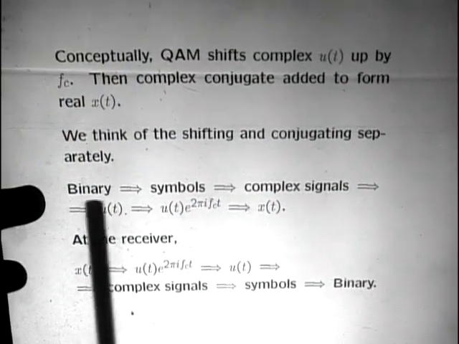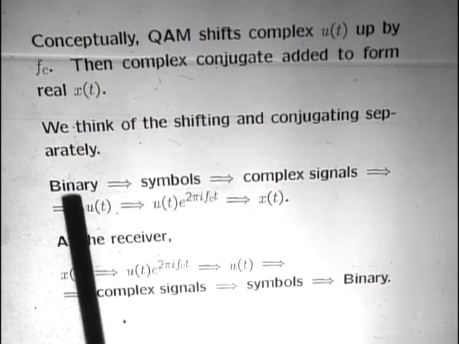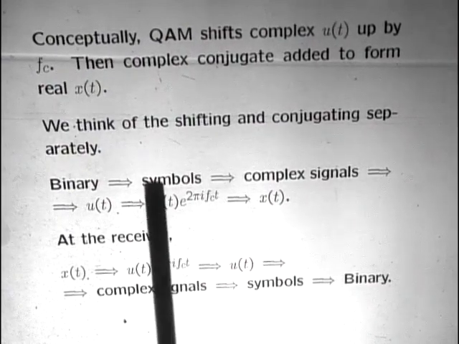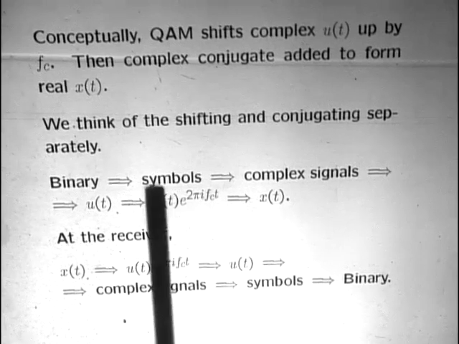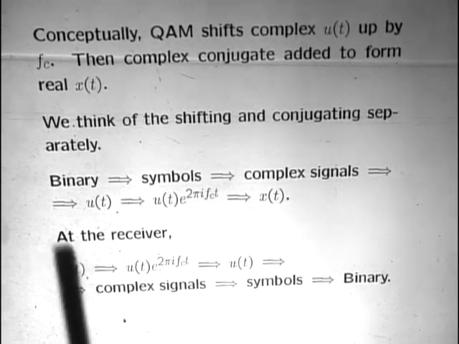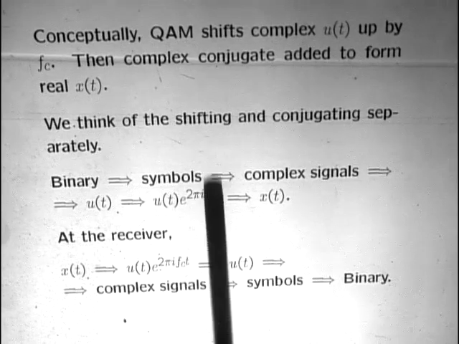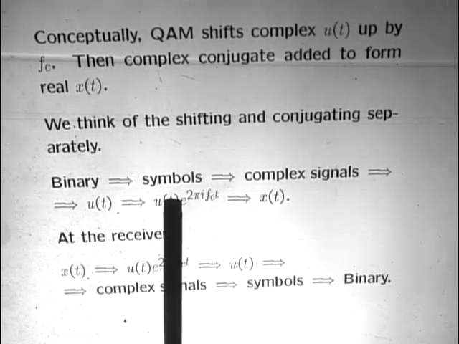So what we're going to be doing here in terms of all of this is we're going to start out with binary data. From the binary data, we're going to go to symbols. And we're going to go to symbols by taking a number of binary digits, framing them into b-tuples. Each b-tuple will correspond to a set of 2 to the b symbols.